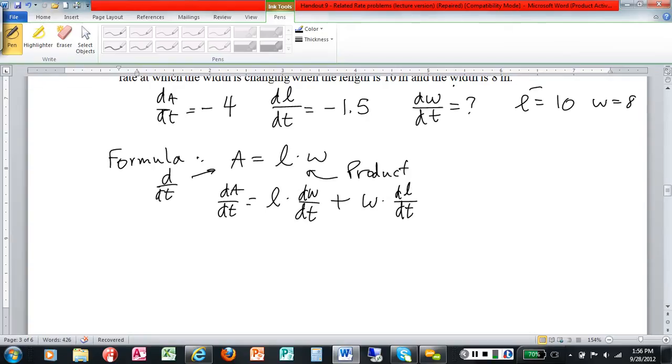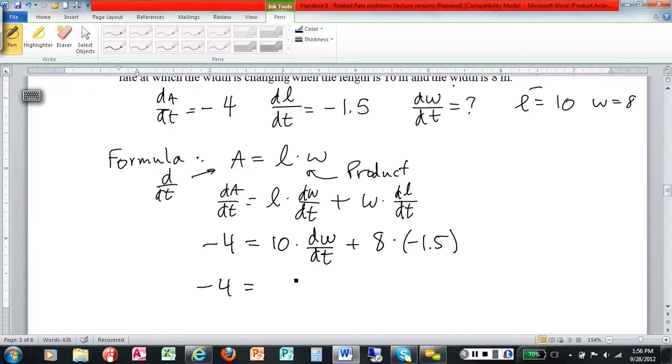Now I'm good to go, aren't I? I've got dA/dt is negative 4. L I know is 10, so now just substitute. dA/dt is negative 4, L is 10, dW/dt, well, that's the one I'm looking for, don't know it. W is 8, dL/dt is negative 1.5.